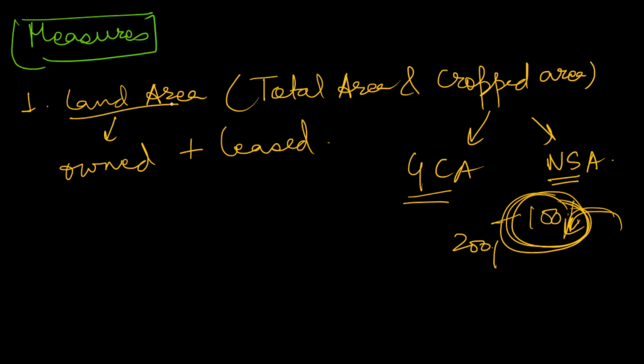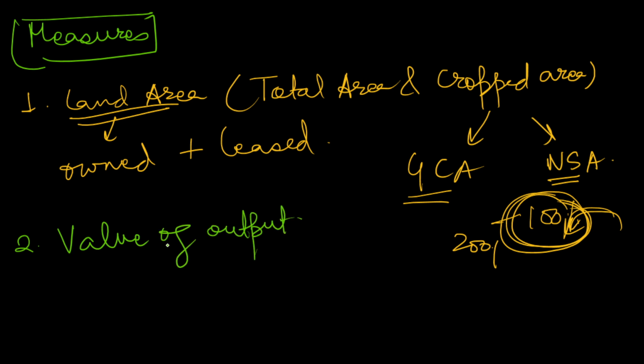So land area is one thing. We need to measure the land area, which can help us to measure our farm business. Next would be the value of output. It is the total monetary value of all goods and services produced in the farm.